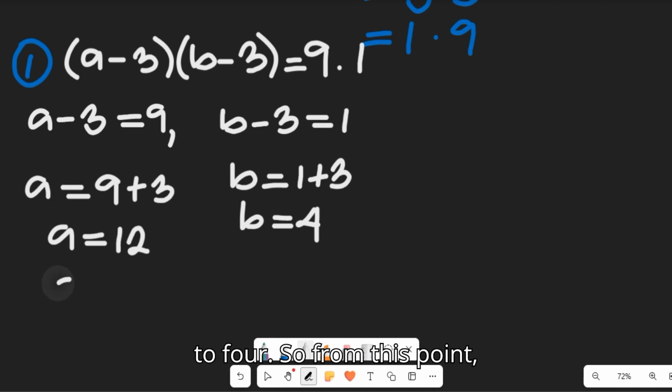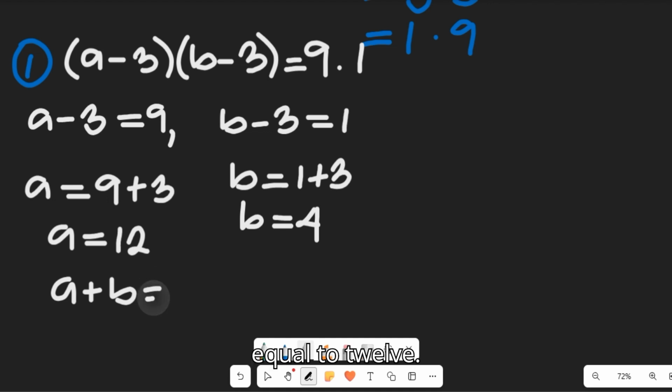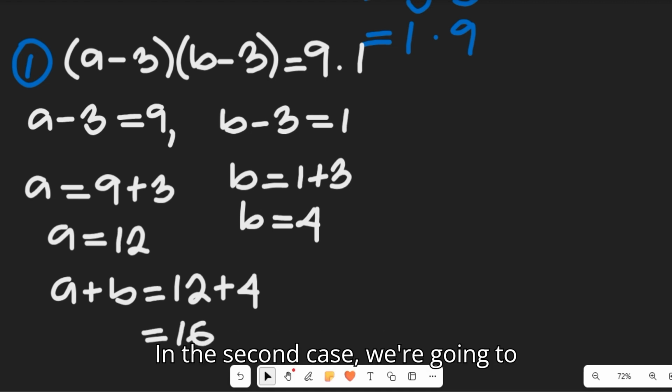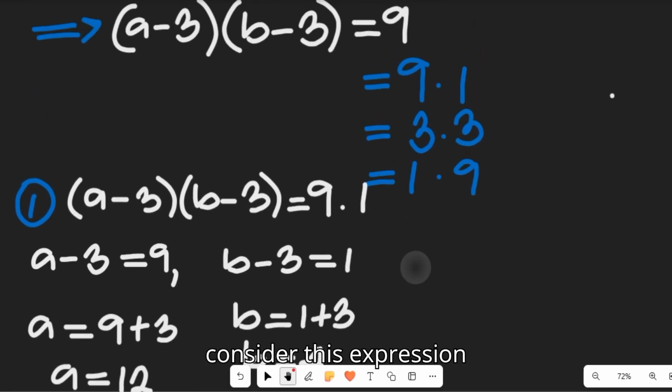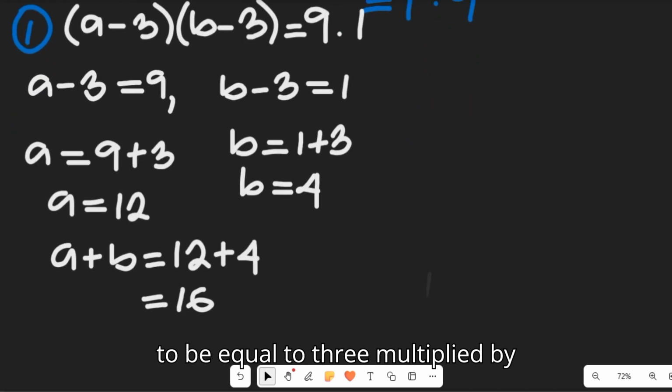So from this point, our a plus b will definitely be equal to 12 plus 4, and this will be equal to 16.